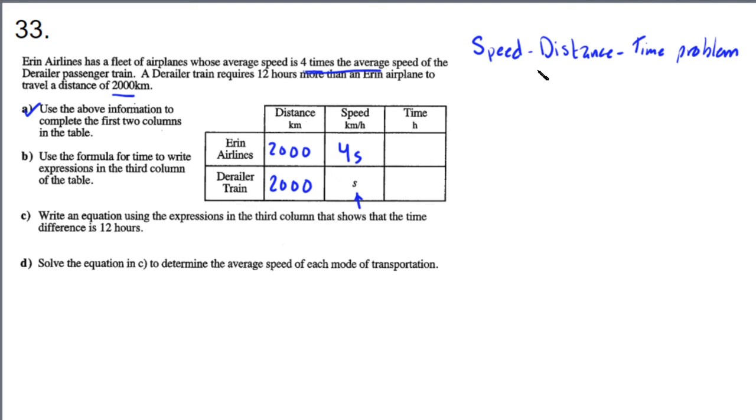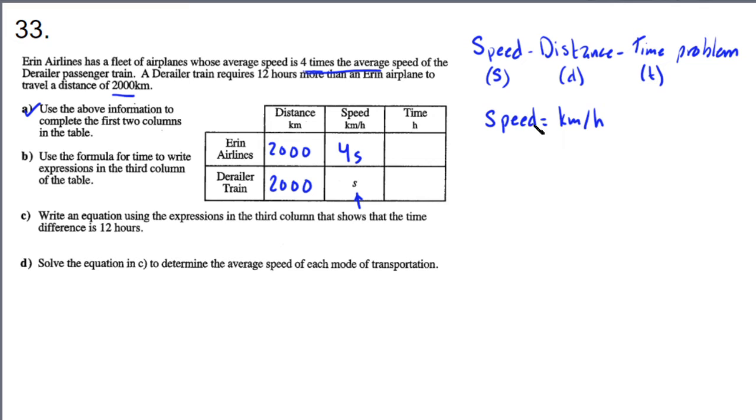Let's introduce some variables here. So we already have the variable s for speed. We're going to call distance d. We're going to call time t. Now, we all know that when you're driving in a car, your speed is measured in kilometers per hour.